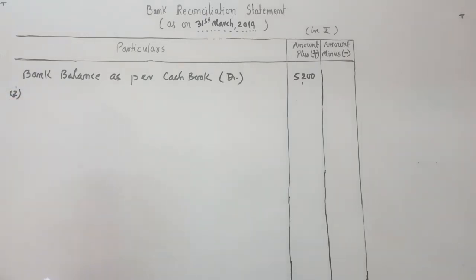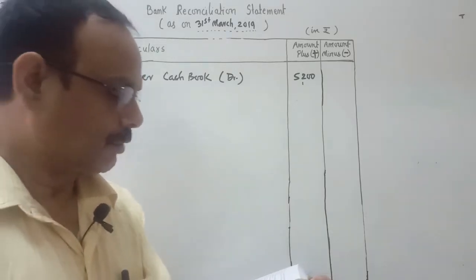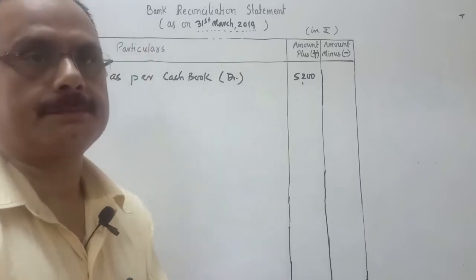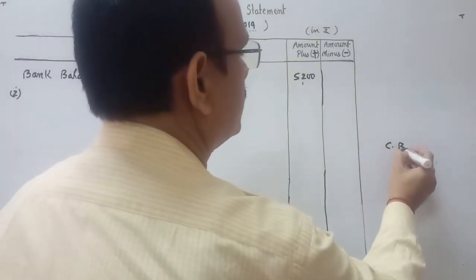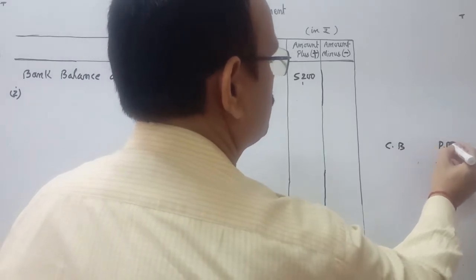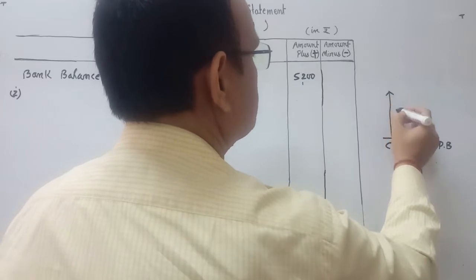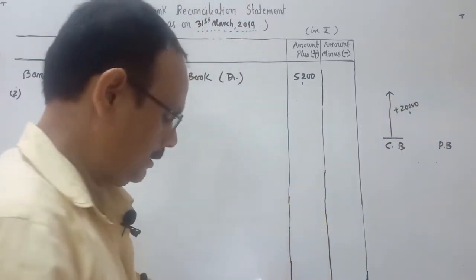Number 1. Checks of rupees 20,000 were sent to bank for collection. You see the cash book and this is the passbook. When we send the checks for collection, our cash book balance is increased by 20,000.